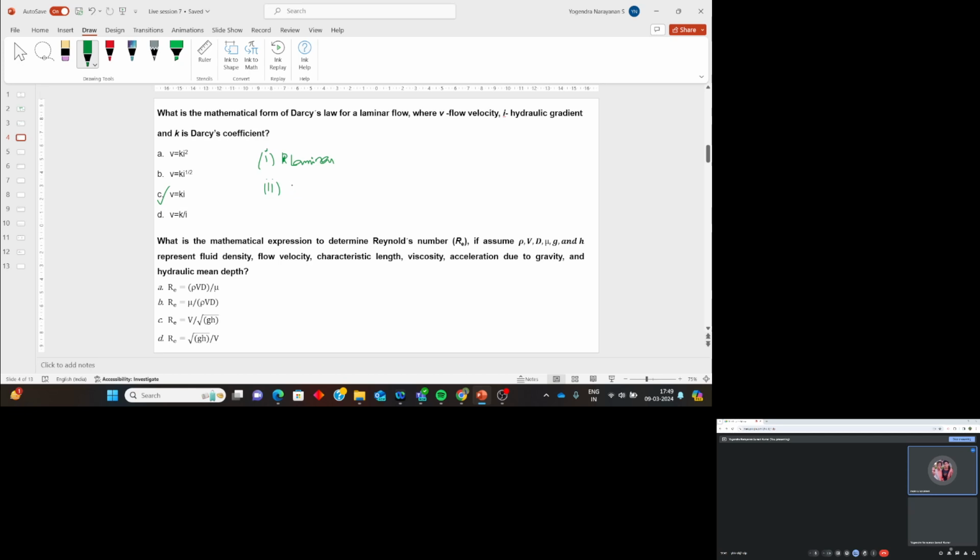And third one, this relationship is valid for fluid which is incompressible, like water. Water is considered to be incompressible.